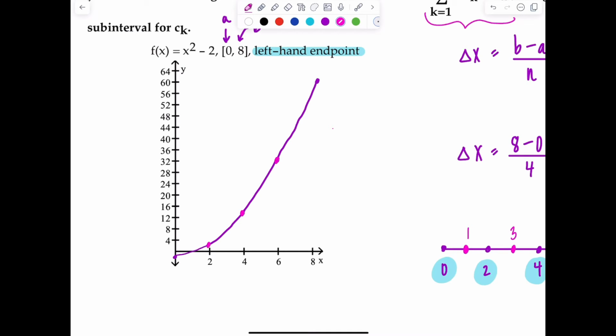So for the first subinterval, I'm going to use the value at 1 to get the height. If you plug in 1 squared minus 2, that is -1. So at 1, we should be at -1, a little lower than what I have drawn. At 1, we should be down here, okay? I hope you can forgive me.